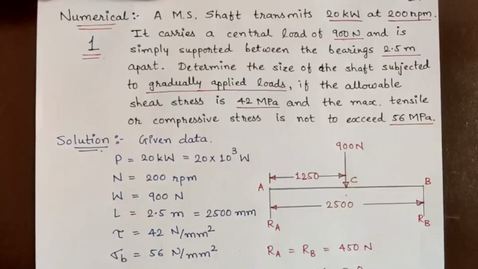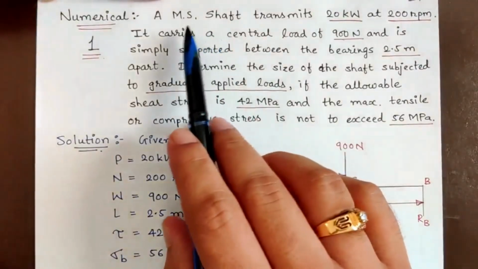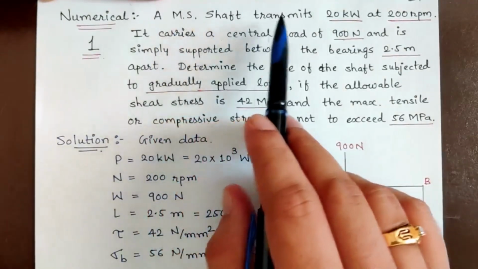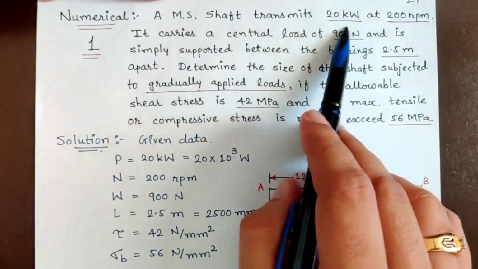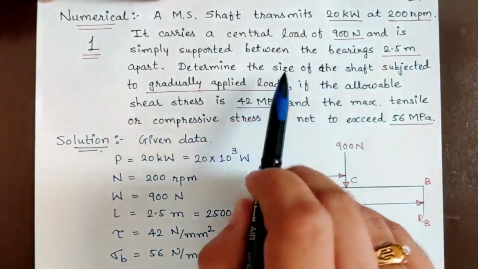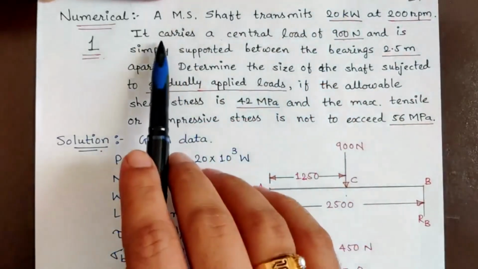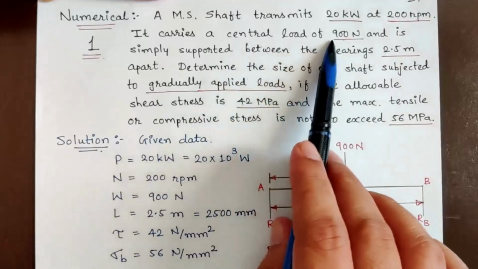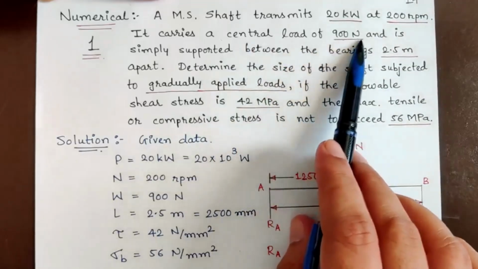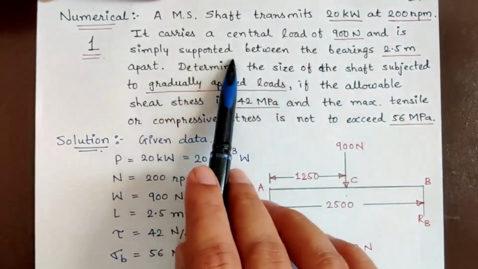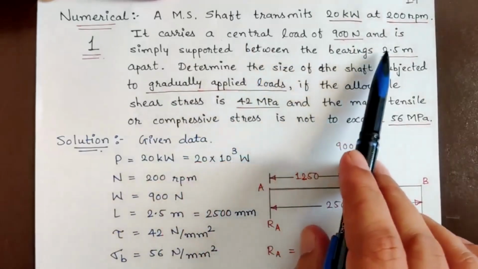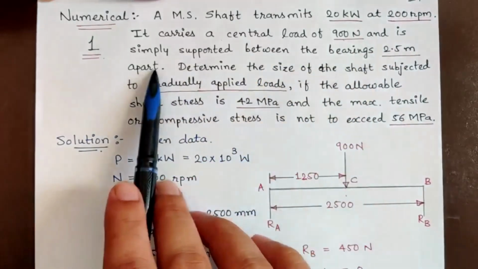Now let us solve one numerical of a design of shaft subjected to fluctuating load. As per the data, a mild steel shaft transmits 20 kilowatt power at 200 rpm and it carries a central load of 900 Newton and is simply supported between bearings 2.5 meter apart.